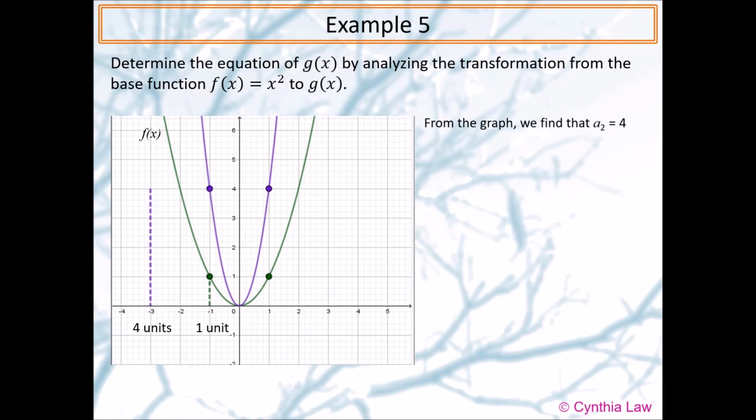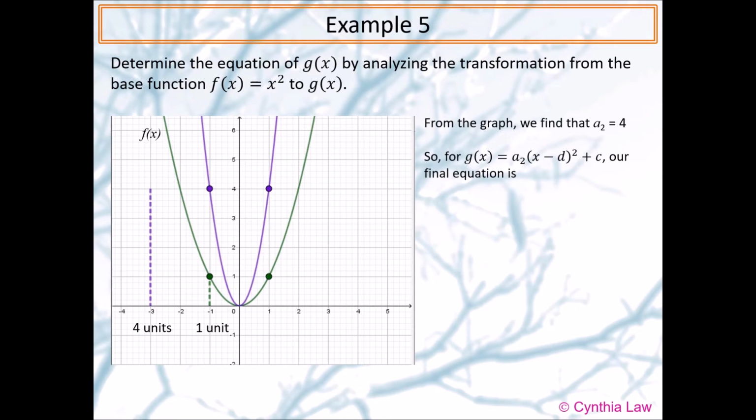Now remember that we are talking about a vertical stretch or compression, and this a subscript 2 is supposed to multiply to y, so it's a multiplication. So that means that a subscript 2 is 4 times the original value, which is 1 unit, because 4 times 1 gives us 4. So a subscript 2 is 4 units. Do not perform subtraction because this is a multiplication.